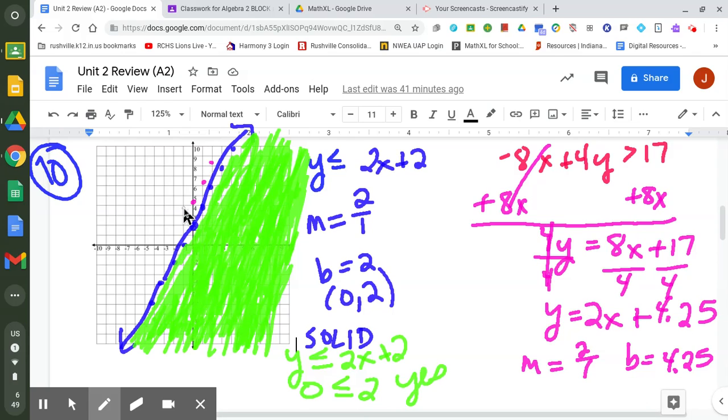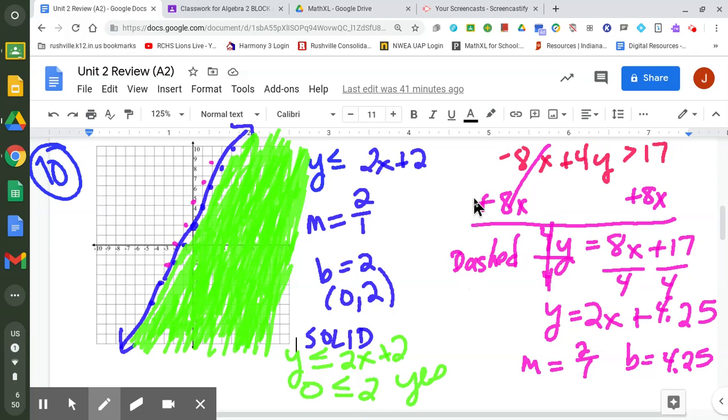So really these points are just right along the blue line. So they end up, and let's see, this will be dashed because of this symbol.